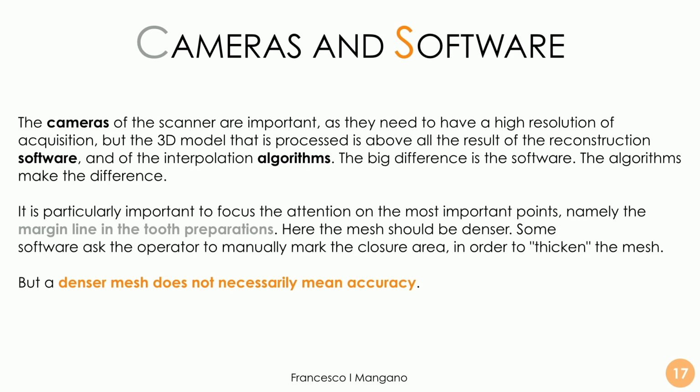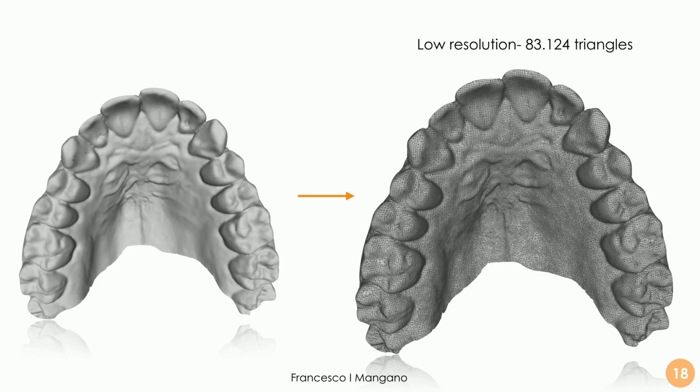So it's important to thicken the mesh in that area, to have an adaptive mesh that is denser exactly where it's needed. But of course, once again, I repeat, a denser mesh does not necessarily mean higher accuracy, because resolution and accuracy are not the same thing.